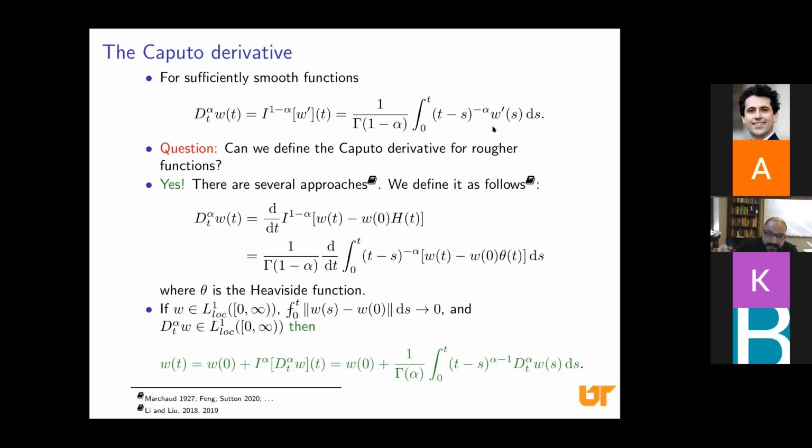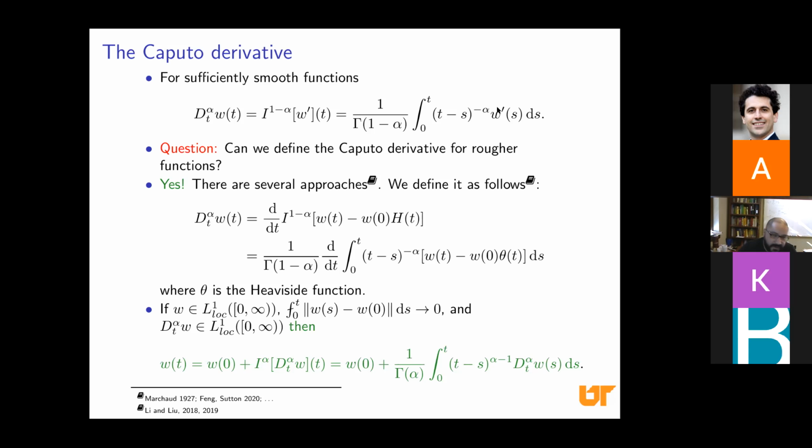Of course, this definition is fine, but I claim that it is unnatural. It is unnatural because we're trying to define a derivative of order alpha between 0 and 1, but to define differentiability of order less than 1, you're requiring differentiability of order 1.